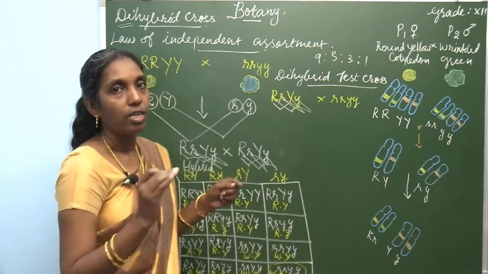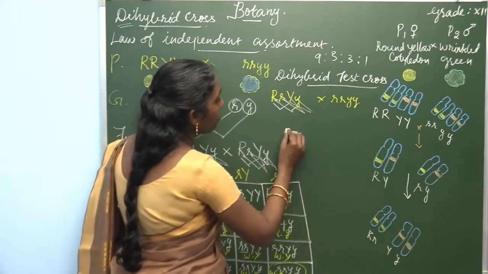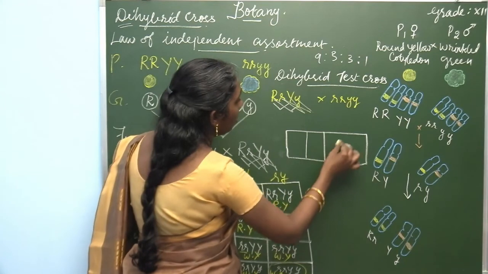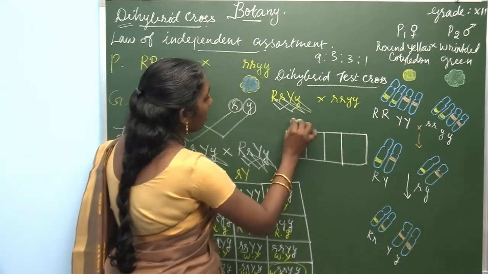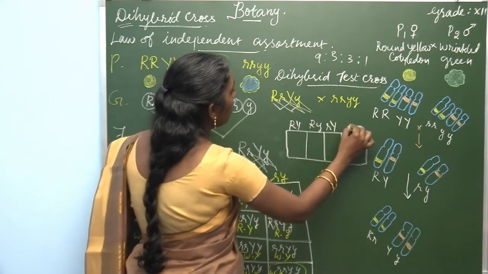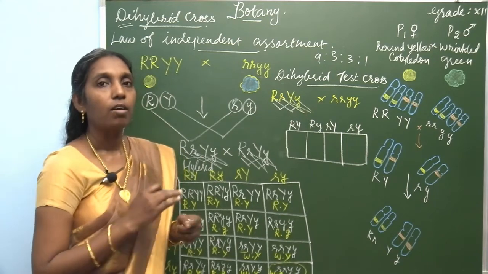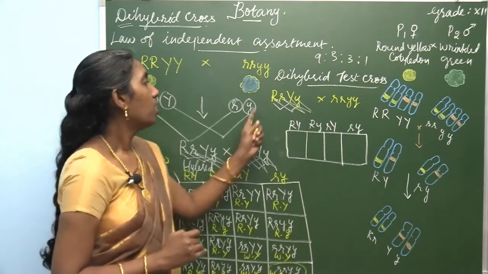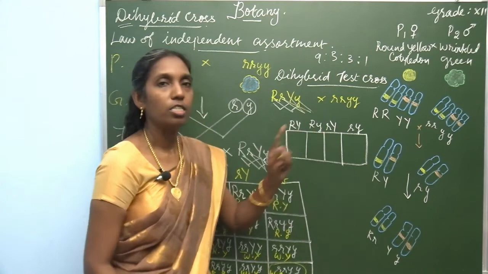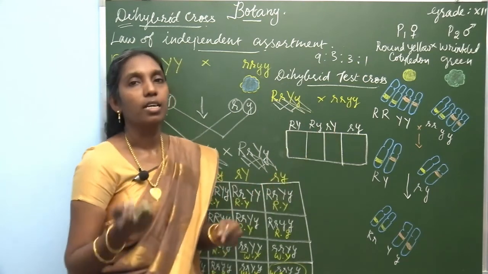Let's write it in the form of a checkerboard. The F1 hybrid has 4 different possible gametes. The characters are round yellow, round green, wrinkled yellow and wrinkled green.